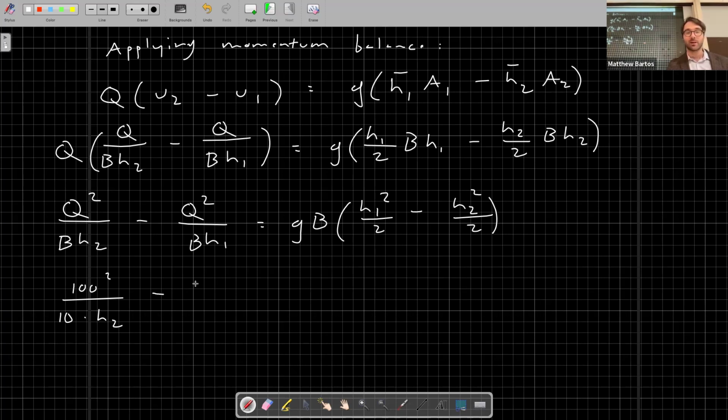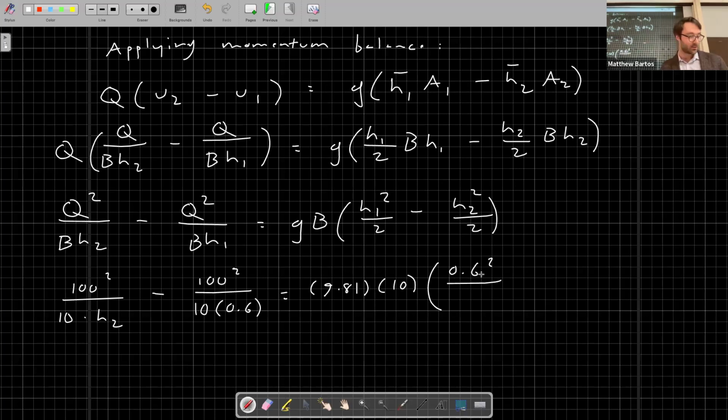We'll take this expression minus 100 squared divided by 10 times H1, which is 0.6, equal to 9.81 times the width of the channel, which is 10 meters, times quantity 0.6 squared divided by 2 minus H2, which is unknown, squared divided by 2.